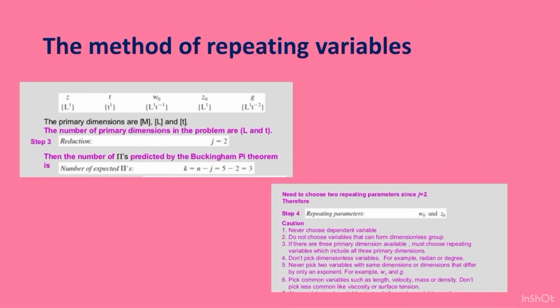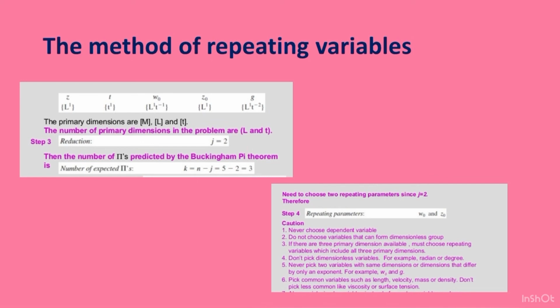And step 4 is repeating parameters. There are a few cautions for this step. Number 1 is never choose the dependent variable. Number 2, do not choose variables that can form a dimensionless group. Number 3, if there are 3 primary dimensions available, you must choose repeating variables which include all 3 primary dimensions.